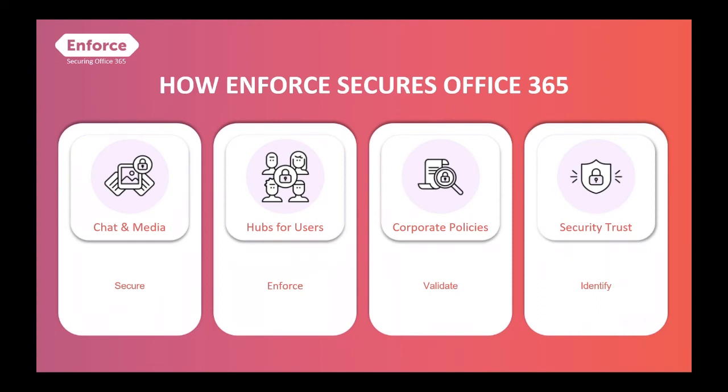Hubs for users: so enforcing permissions and access, meaning all users and guests can be exposed to specific data and channels. Corporate policies: validating corporate policies, including texts, files, content sharing, and private information. And then security trust, to identify the breach of private and confidential information across multiple platforms.